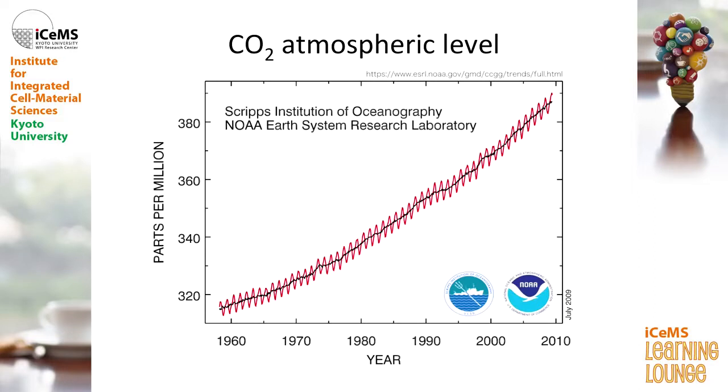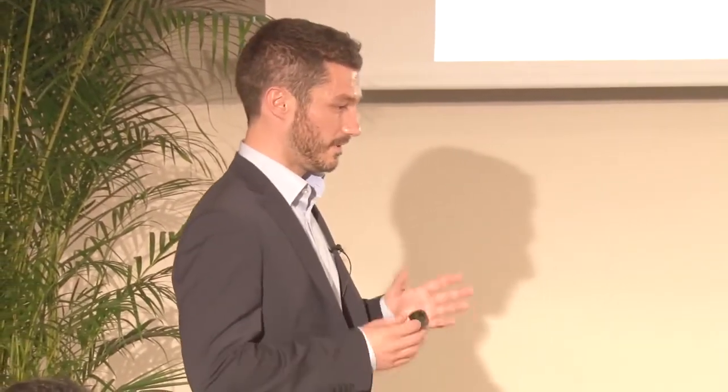And more importantly, there is a continuous increase of the carbon dioxide concentration in our atmosphere. This is mainly due to economic growth and the development of new technologies. So there is a problem with carbon dioxide because its concentration is always increasing from year to year.